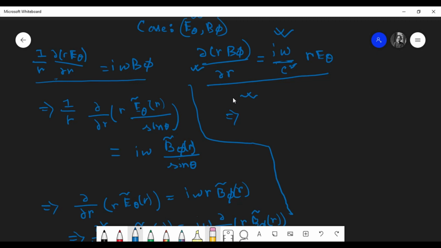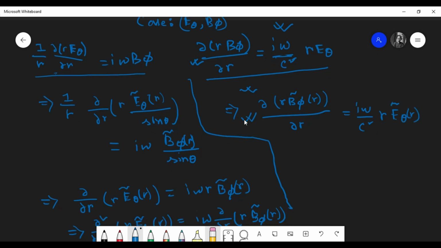If I write the form for B phi and E theta here again, I'm just going to get r B tilde phi and I omega over c squared r E theta. Now I'm going to use this equation in the equation that we have just got here.